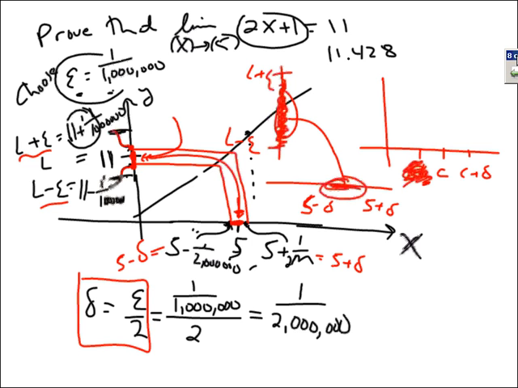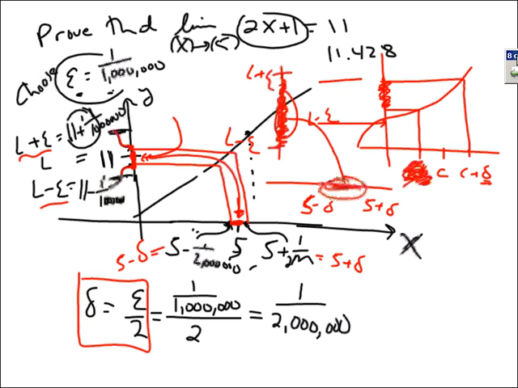If delta depends on epsilon, so I got this delta knowing what epsilon is, and you have some curve, I guarantee you that this region will be in between L minus epsilon and L plus epsilon.